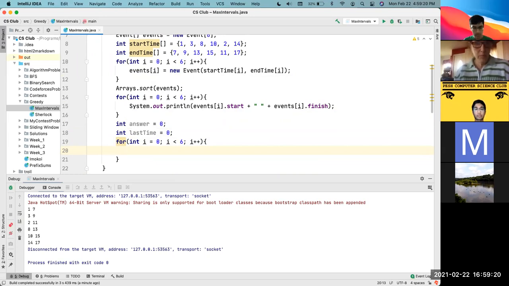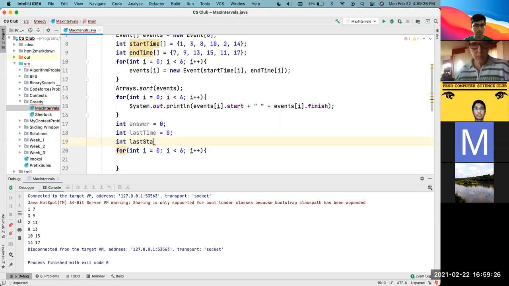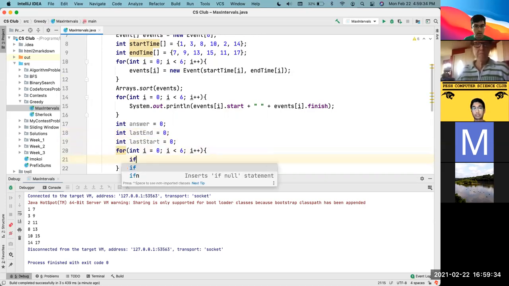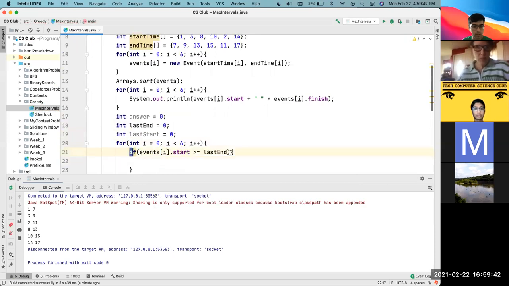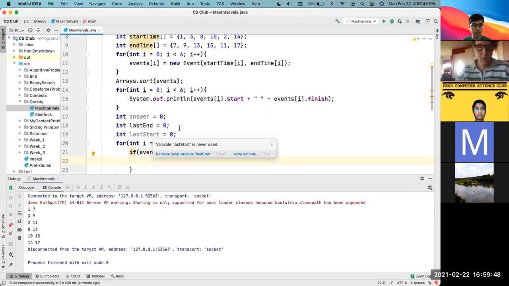So to do this, we would say int lastEnd equals 0. So if events[i].start is greater than or equal to lastEnd, this interval is compatible because its start time is after the end time of our previous interval that we chose.